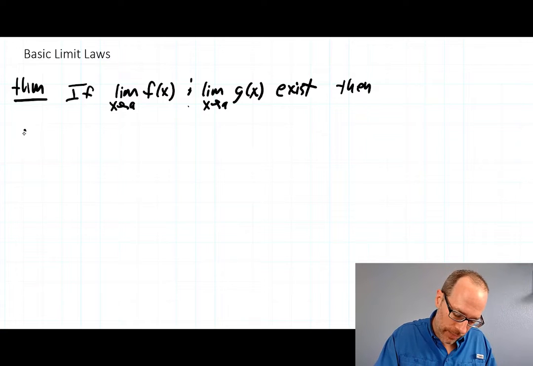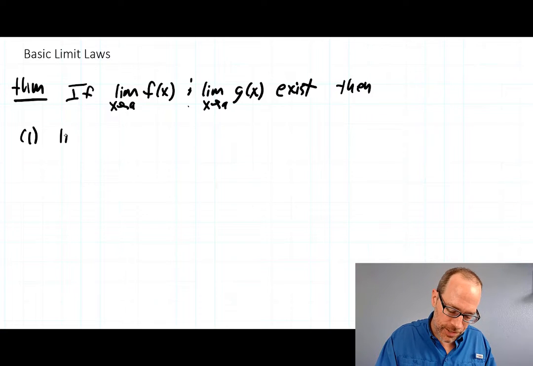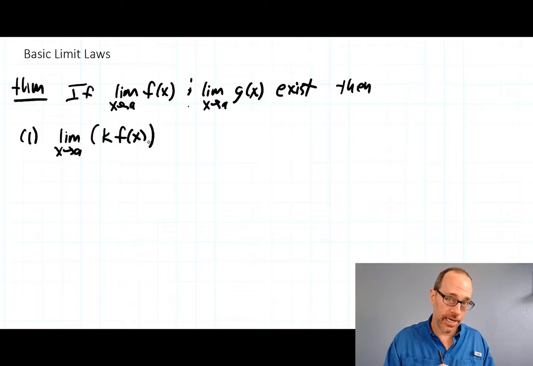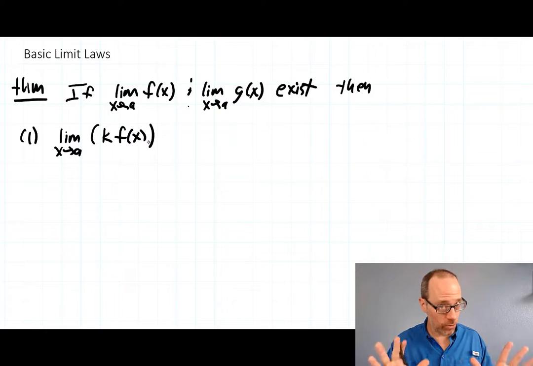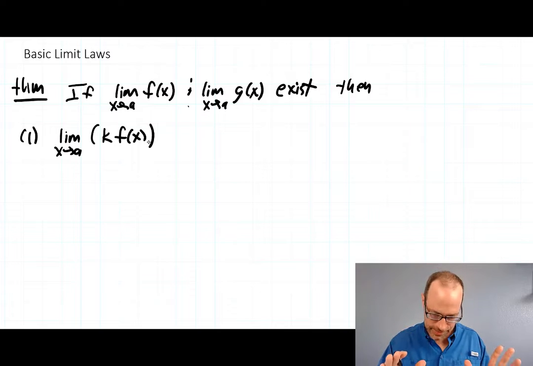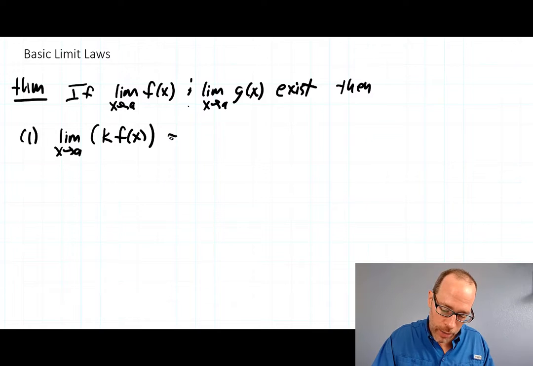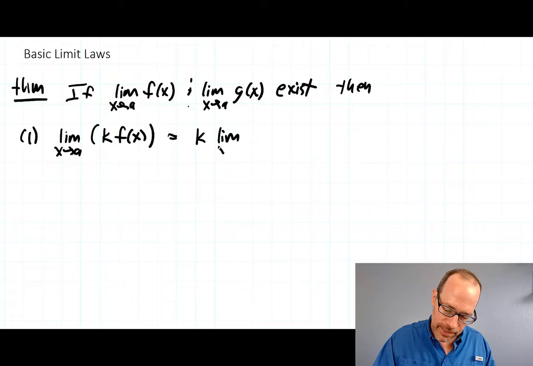Then, number one, the first says that if you have a constant k times f of x, that constants pull outside of the limits. Okay? This is only constants. Constants and constants alone always pull outside of the limits. It'll be k times the limit as x goes to a of f of x.